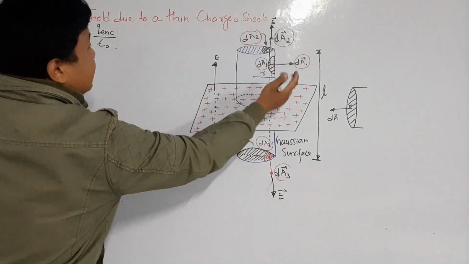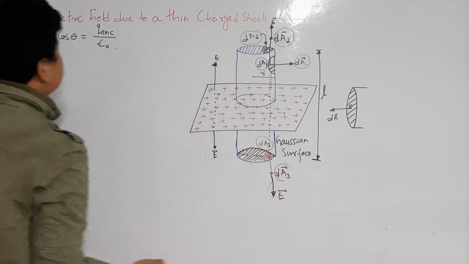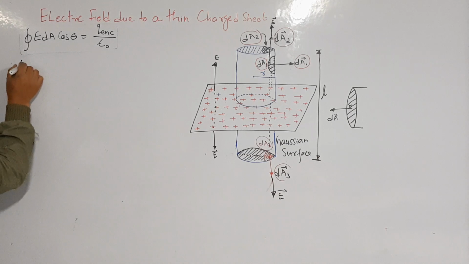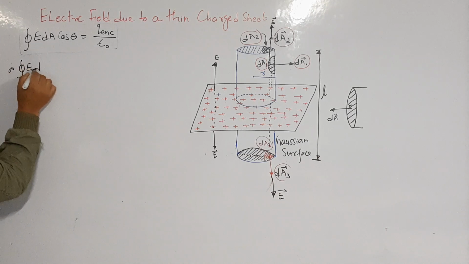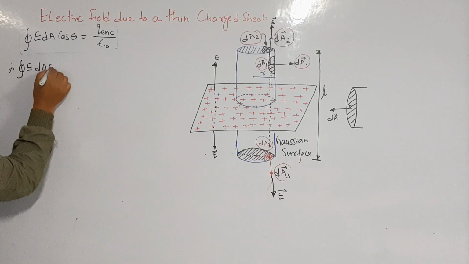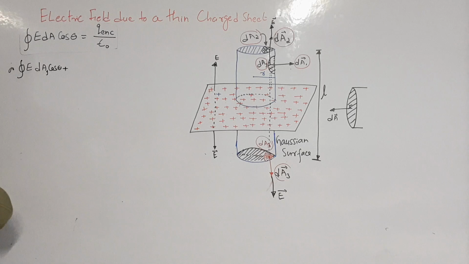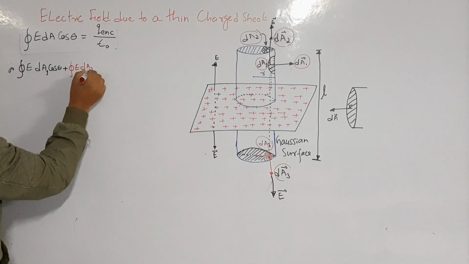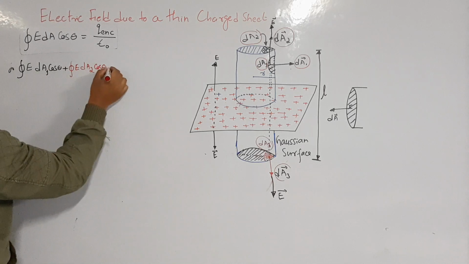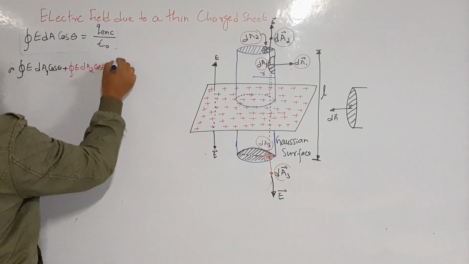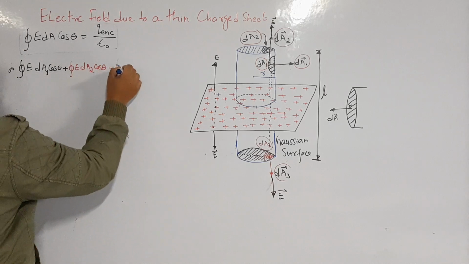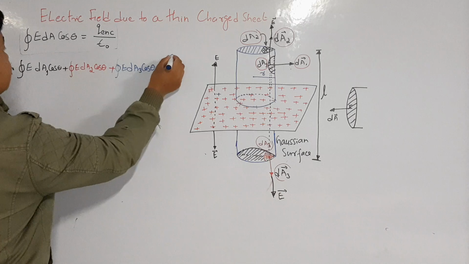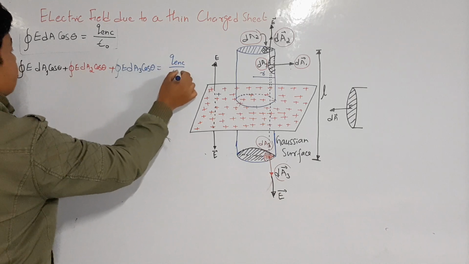Now there are three areas, dA1, dA2 and dA3, so I will break this into three parts: integral of E dA1 cos theta plus integral of E dA2 cos theta plus integral of E dA3 cos theta equals Q enclosed by epsilon naught.